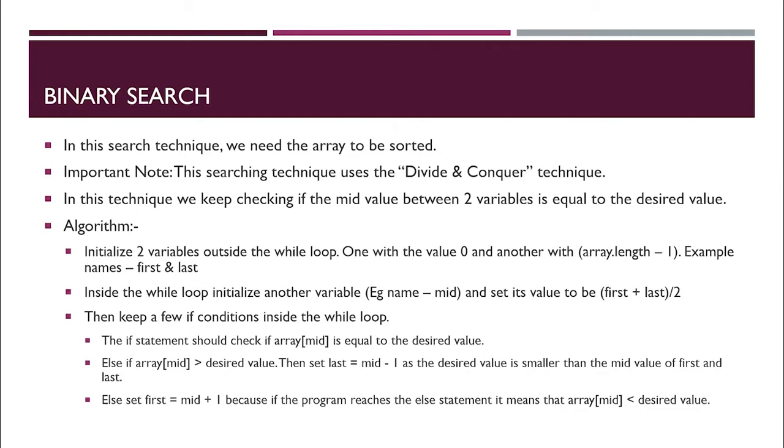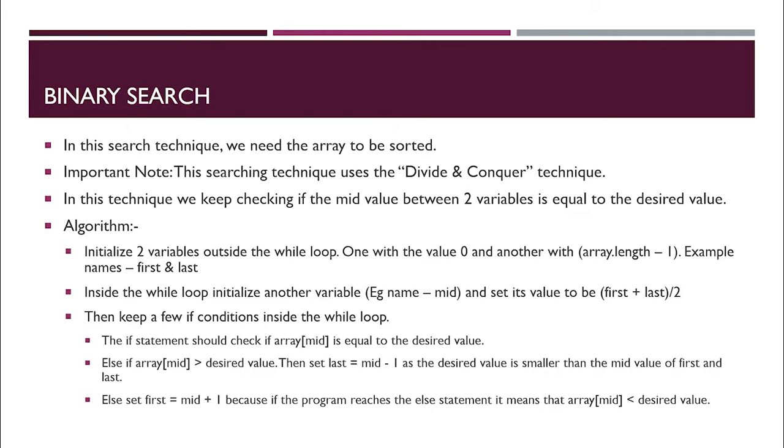But for now, just remember that if array[mid] is greater than the desired value, this means that the middle value between first and last is greater than the value that we want. So we need to reduce the value of the last variable so that the value of mid also reduces, in hopes that it becomes equal to the desired value.